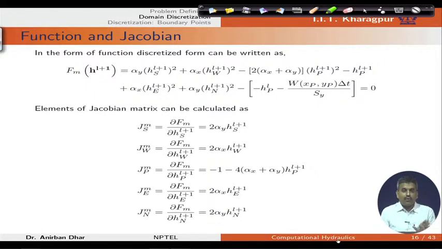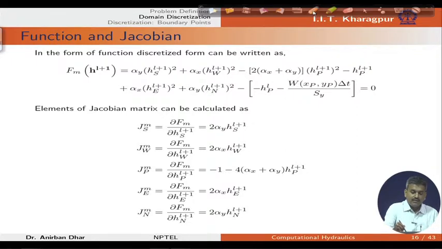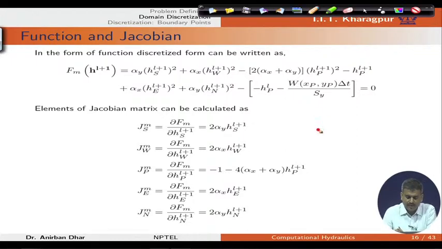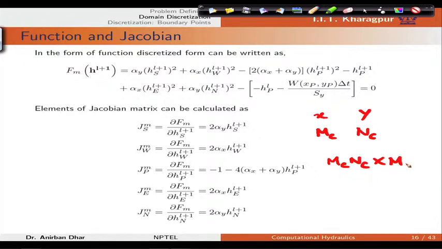Now, for all cells, that means if we have MC cells in x direction and NC cells in y direction, this will be MC into NC, the size of the Jacobian matrix, and we will have a pentadiagonal structure of the Jacobian matrix, because we will have P term, W term, E term, N term and S term.